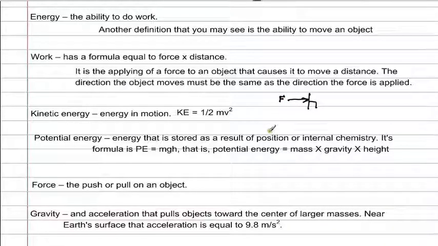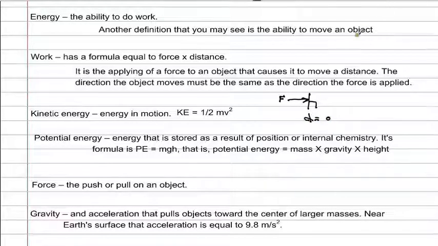But the first time I applied that force, I didn't push it. There was a force. I was bending my finger, but I did not push it enough to cause the chair to move a distance. Therefore, the distance was equal to 0, no movement.